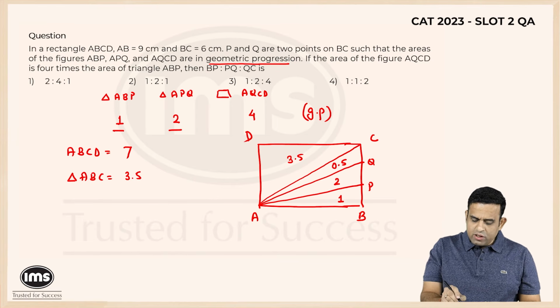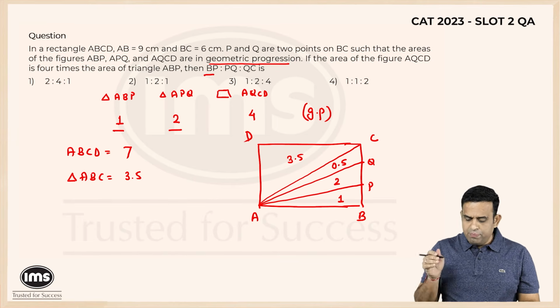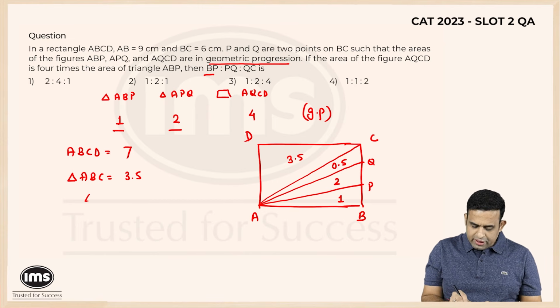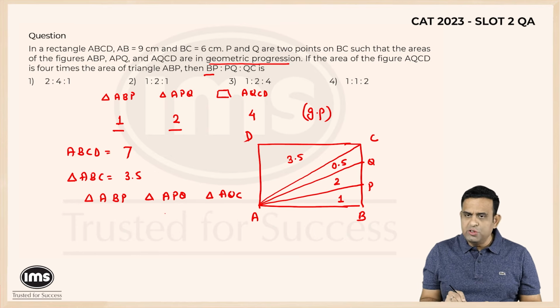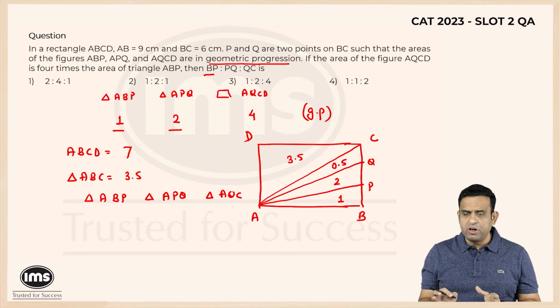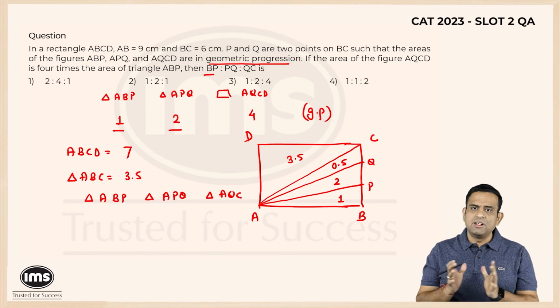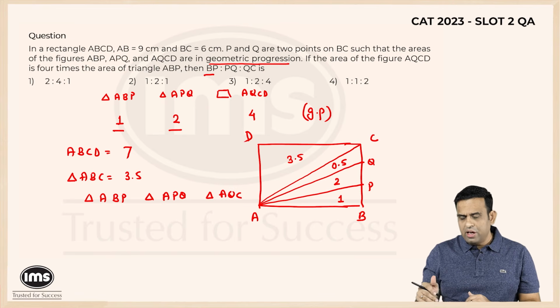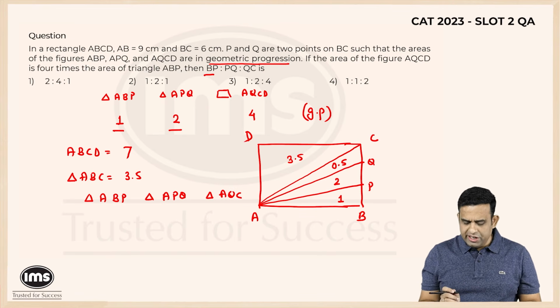And now the objective is to find out the ratio of BP is to PQ is to QC. So if I focus on the triangle ABP, triangle APQ, and the triangle AQC over here, what I can notice is that for each of these triangles, the height is the same. AB, one can say, or CD, AB is the height for ABP, also for the APQ triangle, and also for the AQC triangle.